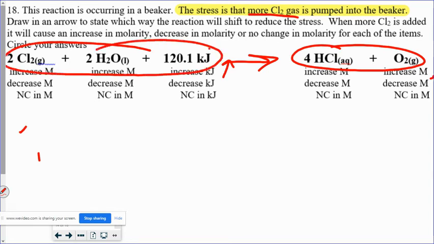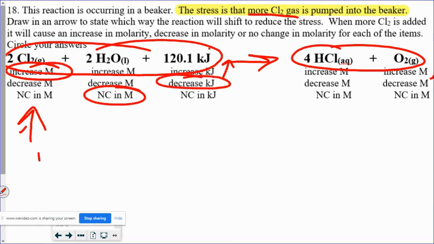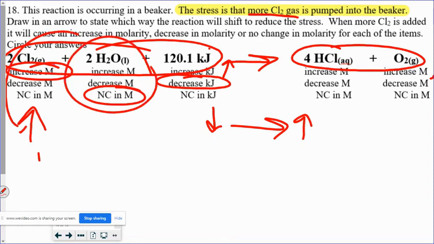But there are exceptions. This water, no change. We're adding Cl2, so it's going to increase. This one does decrease. So the general rule, things at the tip go up, things at the butt go down, but like we just saw in this problem, there are 2 exceptions to that rule.